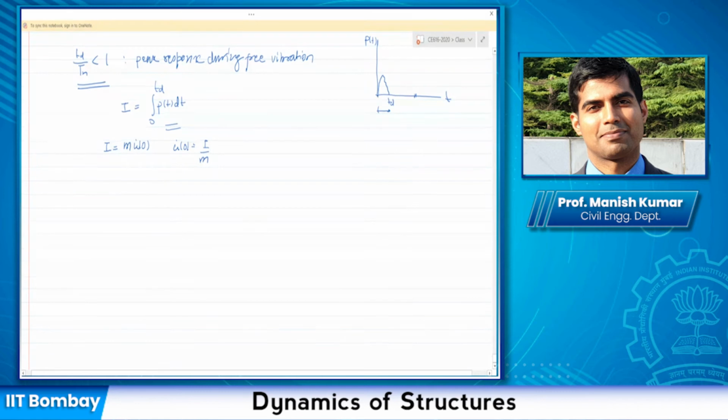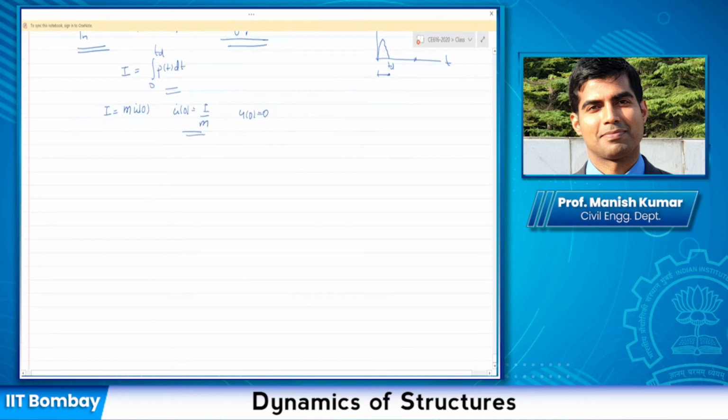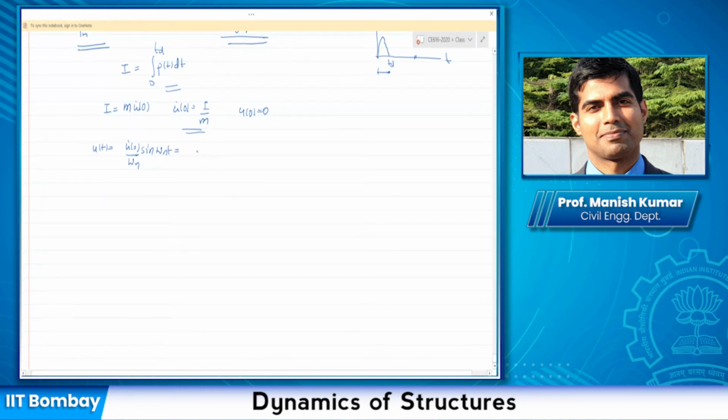And if you have free vibration, remember this is free vibration now, with initial velocity, and remember u0 is 0 because impulse does not lead to any displacement. It only leads to initial velocity. You can write u(t) as u dot 0 by omega n sine omega n t, which can be written after substituting this as I by m omega n sine omega n t.